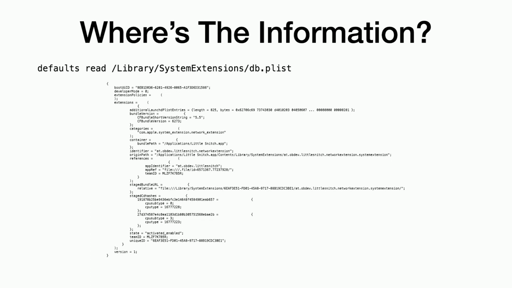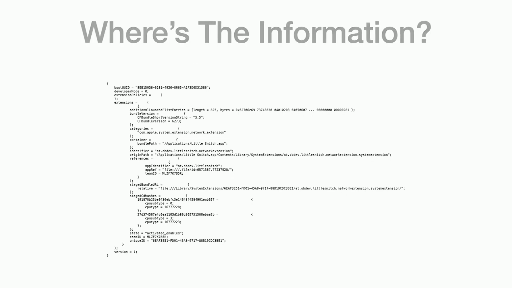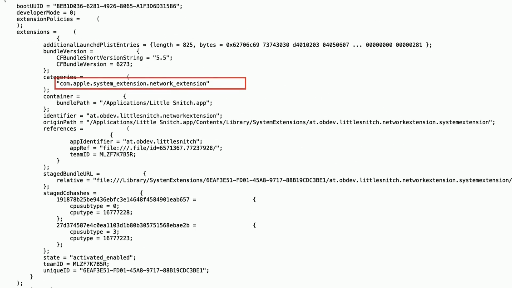So where's the information? /Library/SystemExtensions/db.plist. When an activation request is sent, this property list gets updated on the fly upon approval. Just to zoom in on something real quick, here we see the category or the type of extension this is. It's a basic network extension.